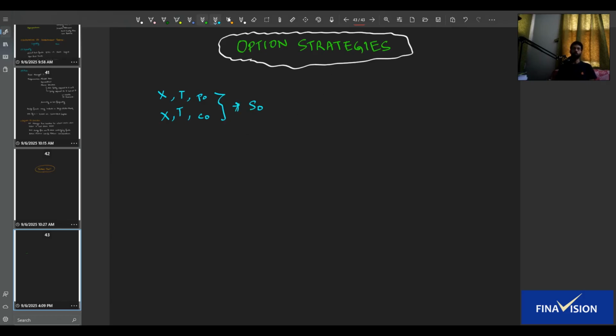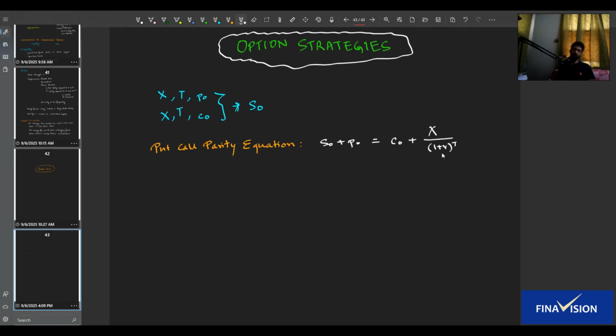Now the put call parity equation tells us that, let me write it down, S0 plus P0 is equal to C0 plus present value of X with respect to the time to maturity of the options.